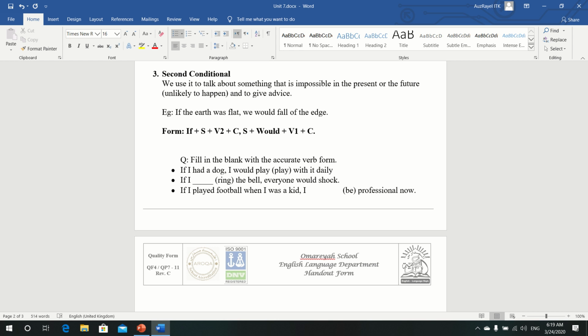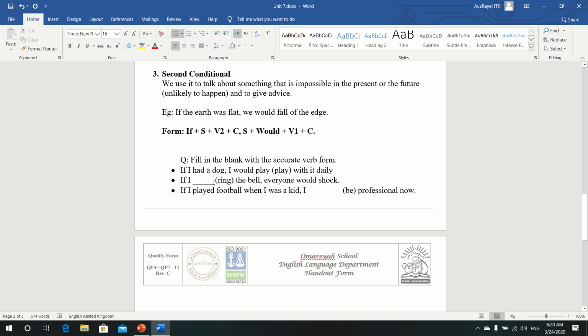Okay, if I the bell, everyone would shock. Now here we have the second part of the sentence. Everyone would shock. So since we have would here, we understand that we are going to use the second conditional.